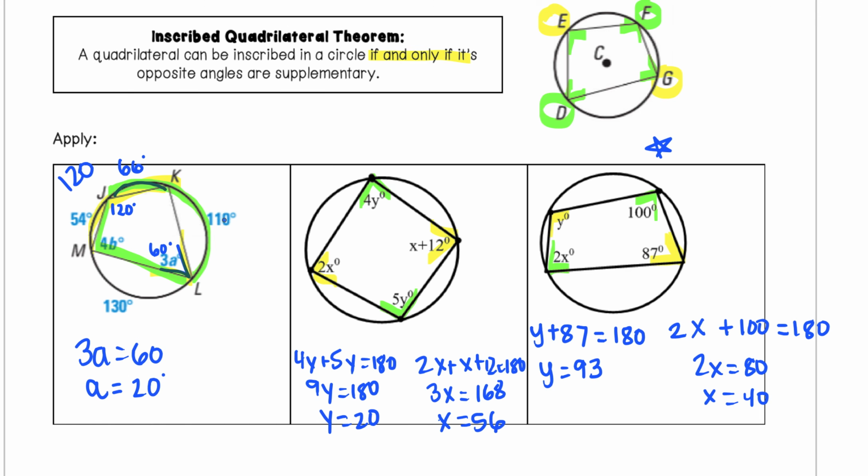So half of 176 is going to get us 88 degrees. So we have 4B should equal 88, and if that is the case, B equals 22. And if that is worth 88, then this last angle must be 92 degrees because 88 plus 92 are supplementary.